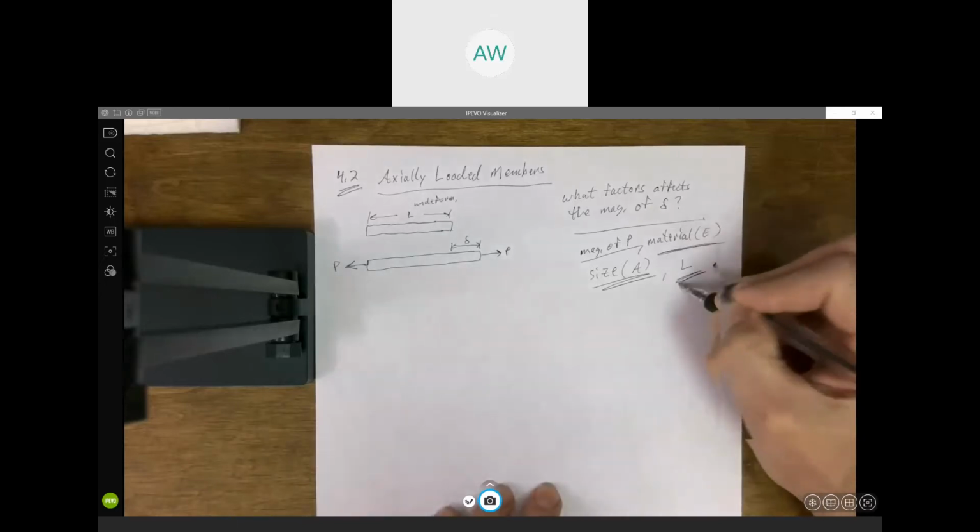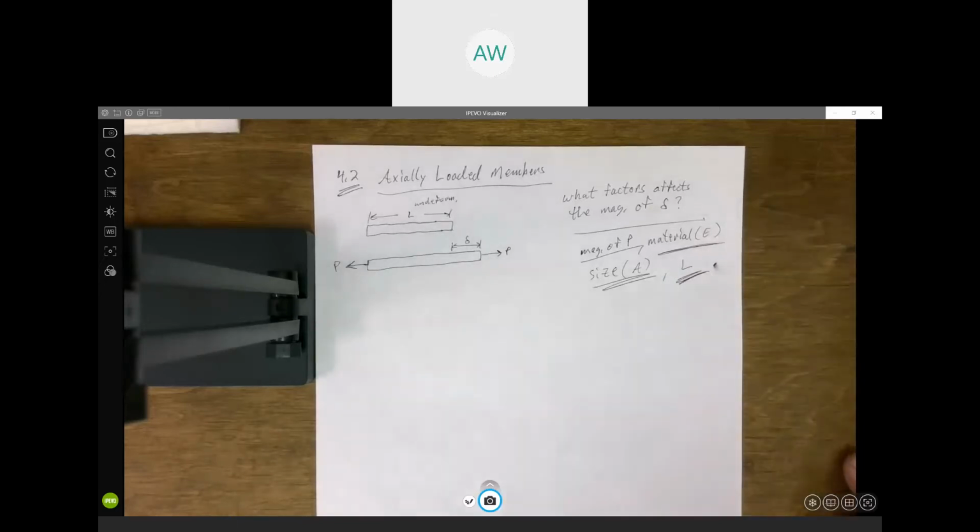The length L. And that one's not necessarily quite as intuitive, but I can give you an example. Say if you took a 1 foot length of rope and pulled on it with some force, it's not going to stretch as far. If you took a 10-foot length of that same rope and pulled on it with the same force, it's going to stretch further. And so that one's maybe not quite as obvious, but those are the 4 things that are going to have an effect and determine how far it stretches.